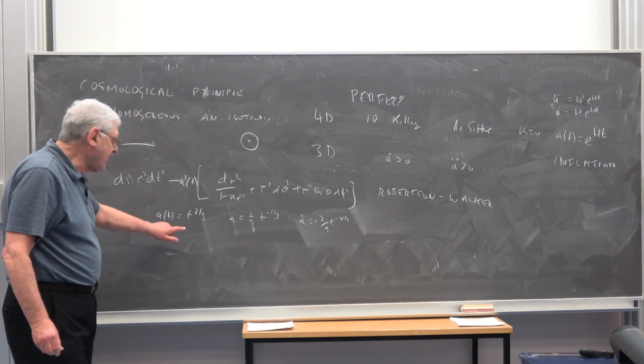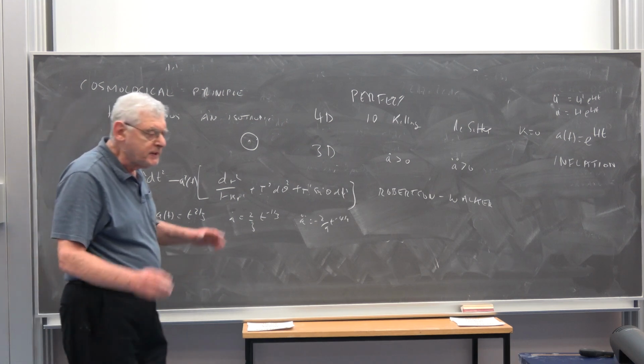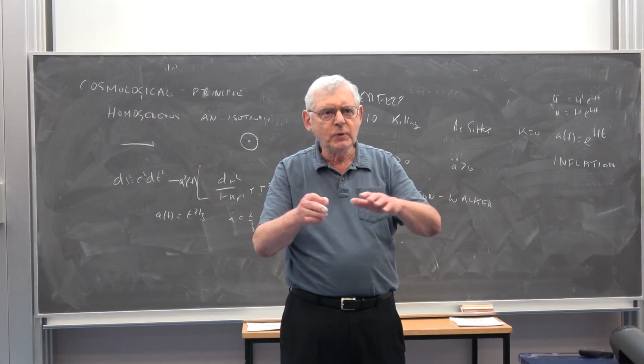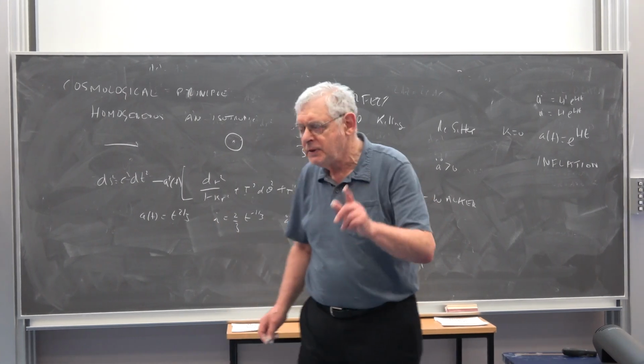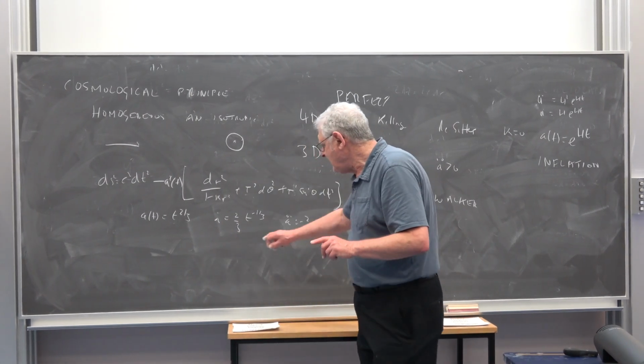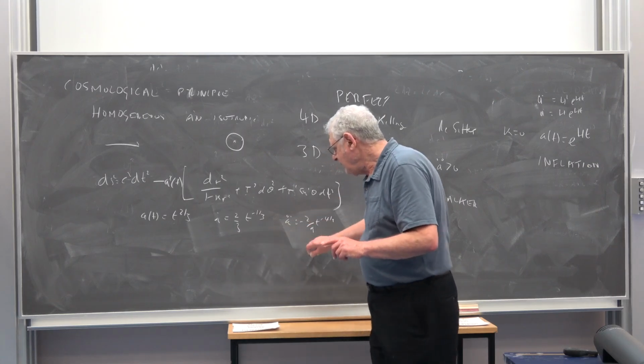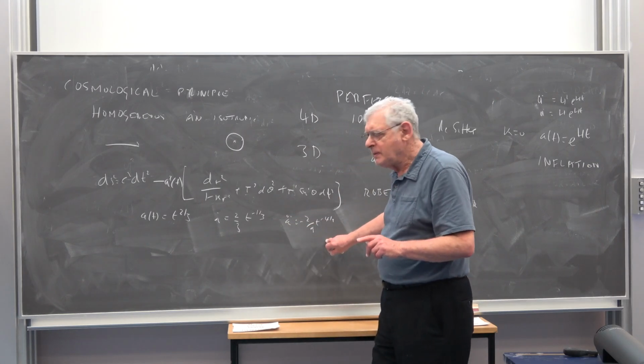So if the expansion rate is t to the 2/3, that's the standard expansion rate, which I'll derive that probably tomorrow, but I just wanted to show you. It leads to an A dot and an A double dot, which is negative.